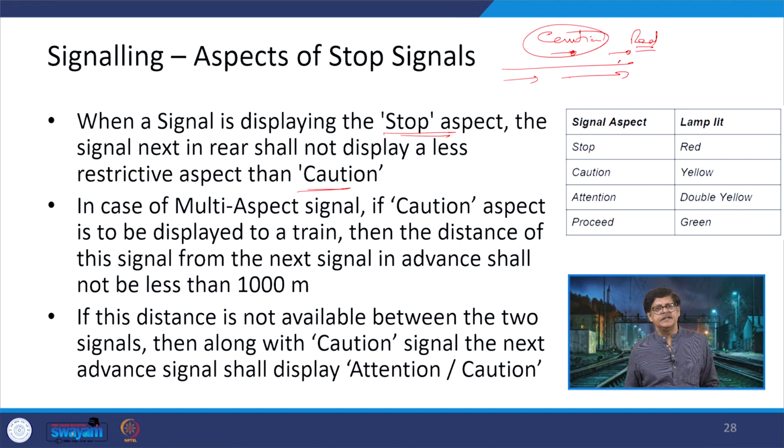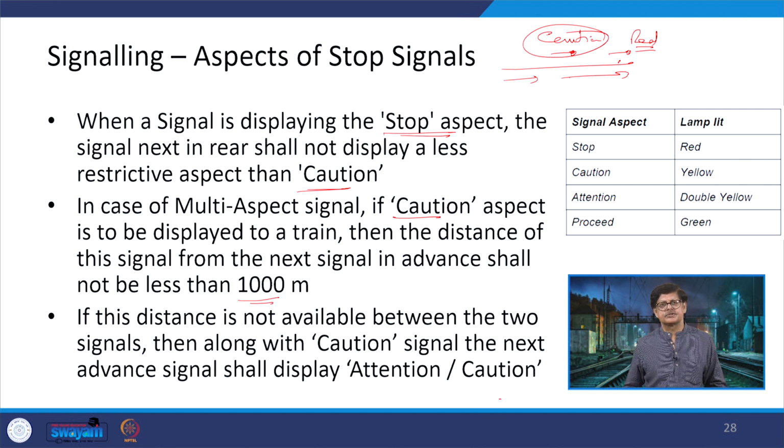In case of multi-aspect signals, if the caution aspect is to be displayed, then the distance this signal has from the next signal in advance shall not be less than 1 kilometer. So, at least 1 kilometer distance has to be maintained between the caution aspect signal in the case of a multi-aspect and the advanced stop signal which is there.